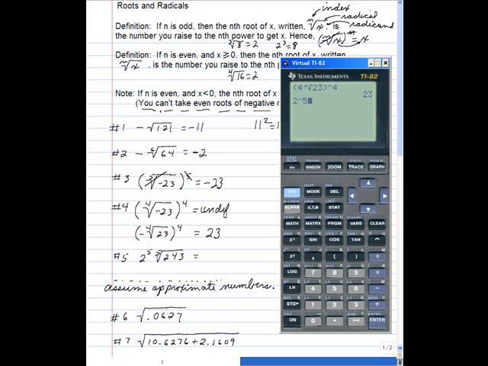Now we're multiplying it by this root. I don't want to just put in another 5 in x root, because that's going to look like 2 to the power 55. I don't want that, so I'm going to put a times sign in here. Times. To get the 5th root, I go 5, and then I want the x root, so I go math 5, and that gives me the x root. So right now I have 2 to the power 5 times the 5th root of.